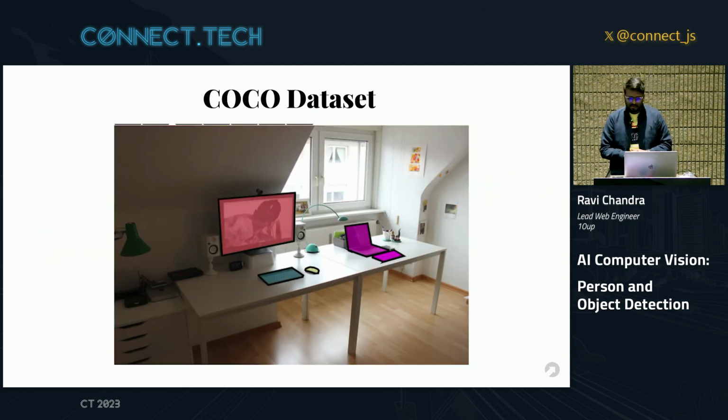This is an example of an image in the COCO dataset. As we can see, it's a normal image, but some parts of the image are tagged in color, like the monitor over there, the keyboard, the mouse, and the laptop. And the way this works, each image has extra metadata or maybe an XML file in the dataset itself, which tells it, okay, in this image, starting at this pixel, ending at this pixel, we have a monitor, and starting at this pixel, ending at this pixel, we have a keyboard, and so on.